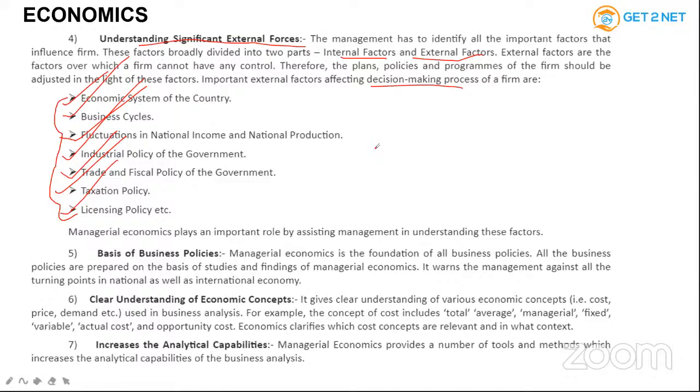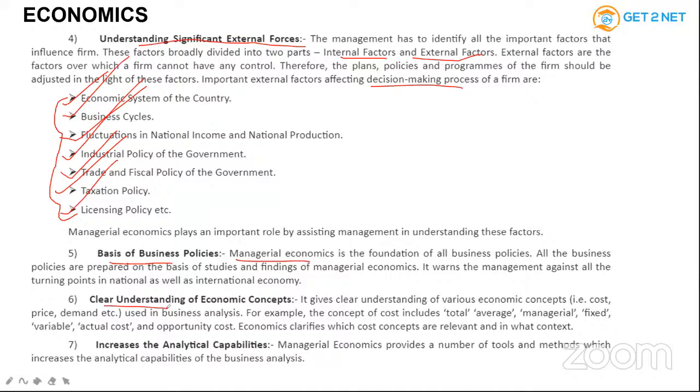Next is the basis of business policies. The foundation of all business decision making is based on managerial economics, because it is the study of the organization of the industry as a unit, and based upon that we go for decisions. Next, clear understanding of economic concepts.